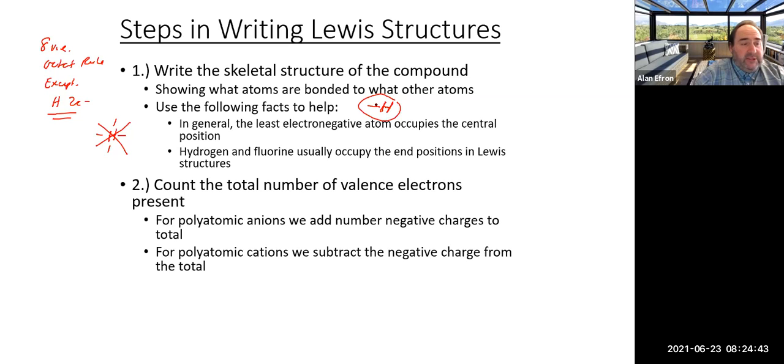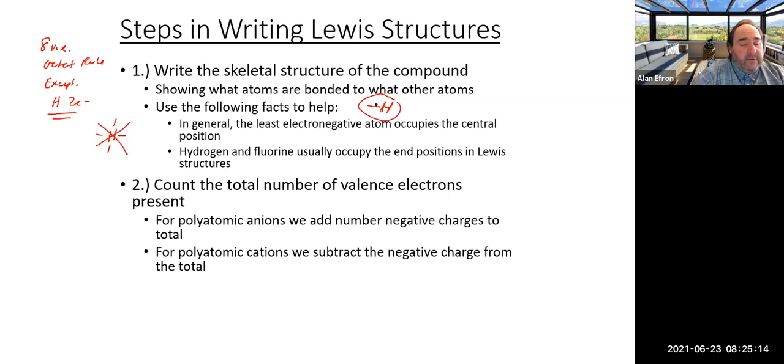So you need to adjust your electron count down by that number. So if it had a +2 charge, you should take off 2 electrons. If you come across a polyatomic ion that has a negative charge, then it means it gained electrons. So you need to add that to your grand total there. Otherwise, your picture will be off by the number of electrons.